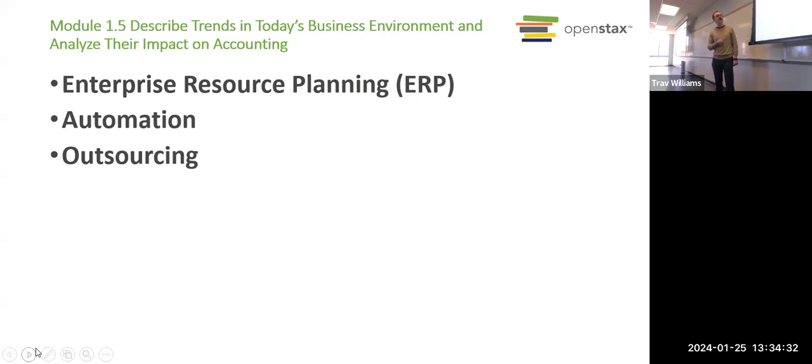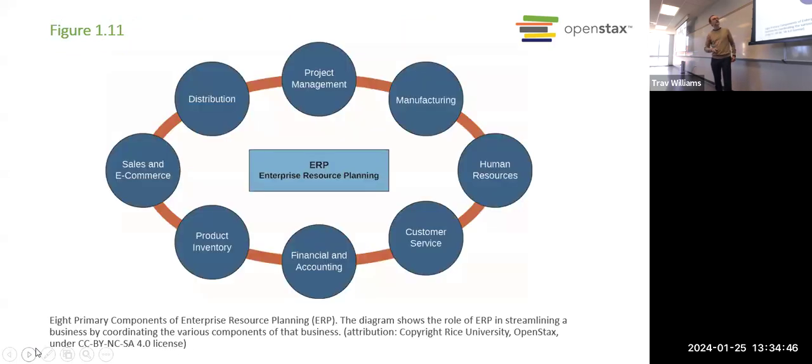So these are some of the trends impacting the world of accounting. What questions are out there? None? Okay. Here's an example of what an ERP system encompasses. Basically every aspect, everything.